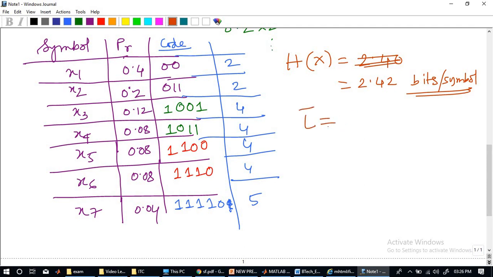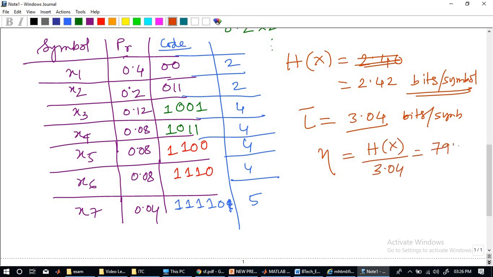Can we find the L average? 3.04. Can we find eta? 79.6. So this is my efficiency with respect to Shannon's binary technique.